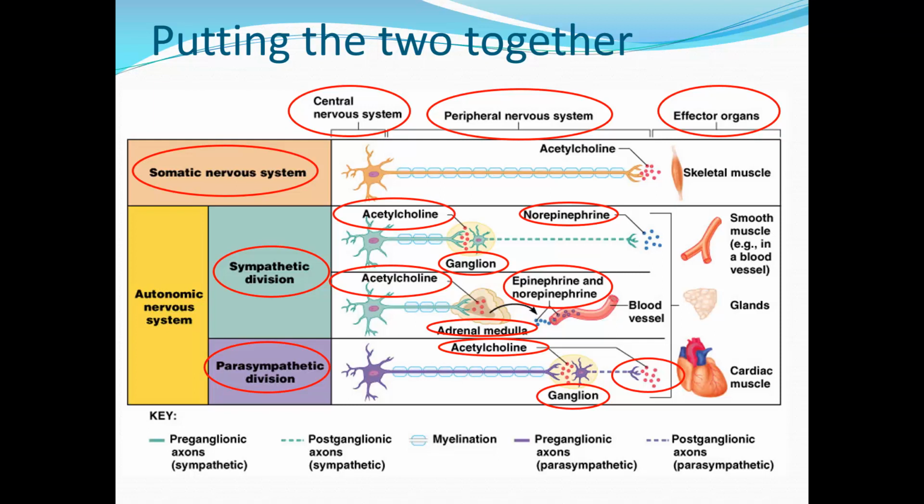It doesn't matter what the neuron is, could be somatic, sympathetic, parasympathetic. The answer is acetylcholine. Now, the postganglionic neurotransmitter is going to be norepinephrine primarily for the sympathetic nervous system, and primarily acetylcholine for the parasympathetic. Of course, there are some exceptions that we'll talk about in a bit.